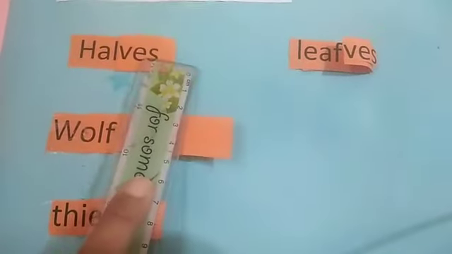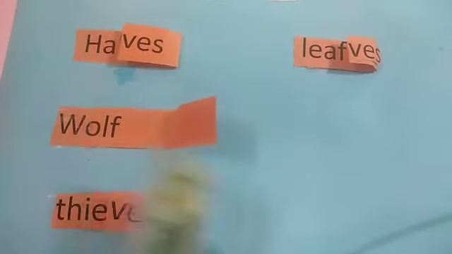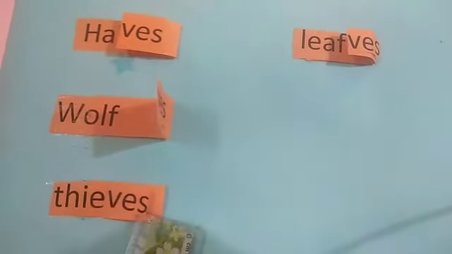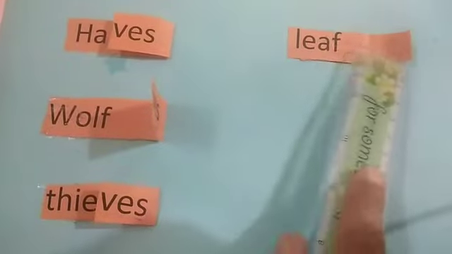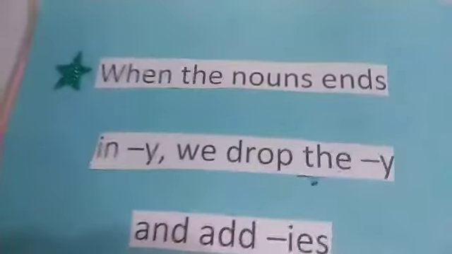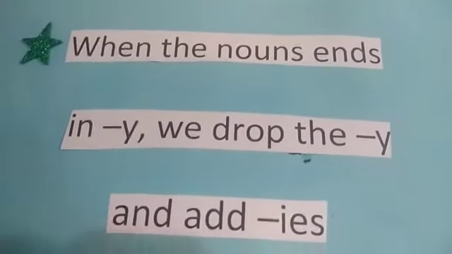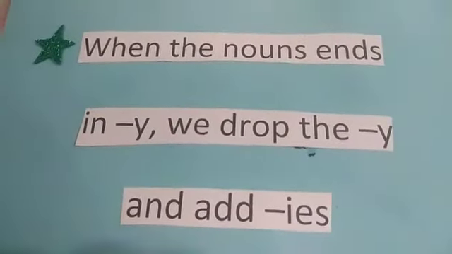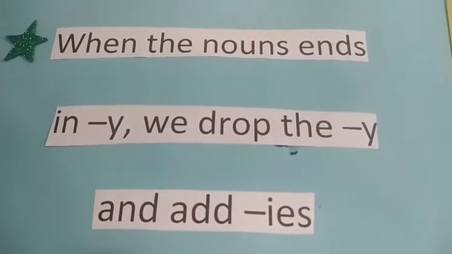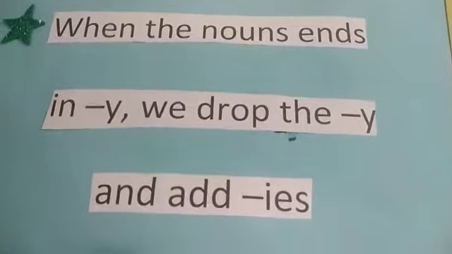Half, halves. Wolf, wolves. Thief, thieves. Leaf and leaves. Okay students, now let's move to the next page and see what is written in the rule. So your next rule is when the noun ends in y, we drop the y and add ies.